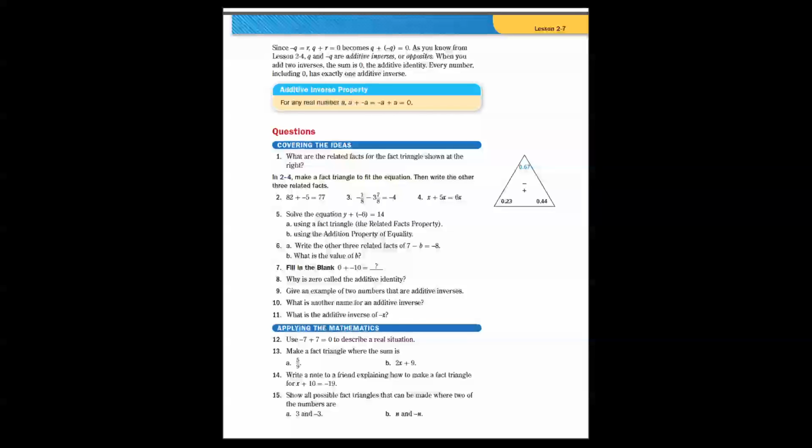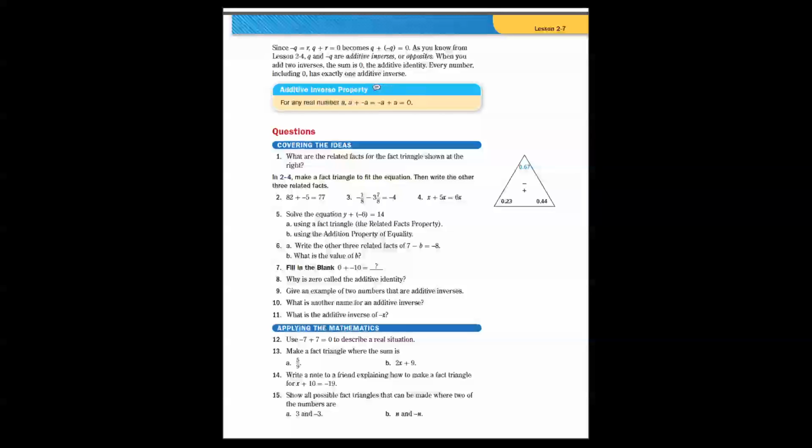For any real number a, a plus the opposite of a is equal to the opposite of a plus a, and that equals 0. This gives us a way we can, in an equation, create a 0, which is an identity, and allow us to perhaps isolate something we'd like to.